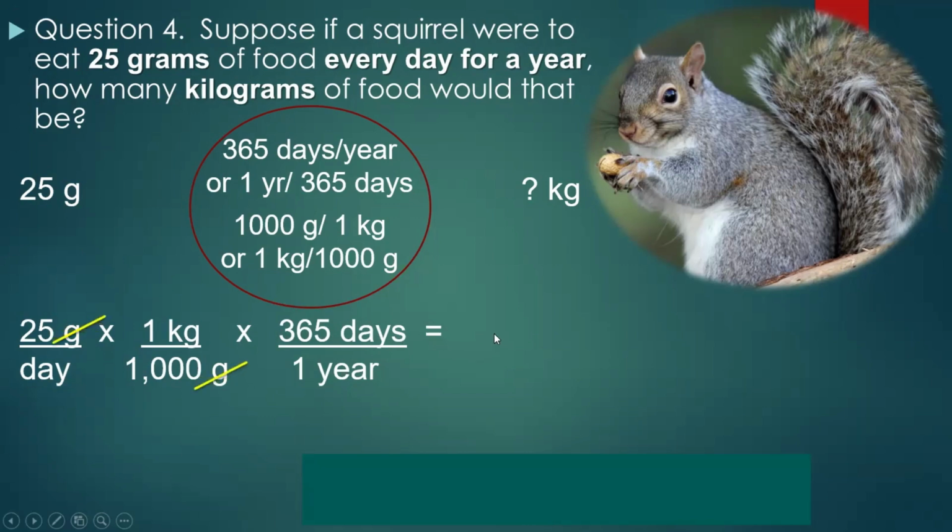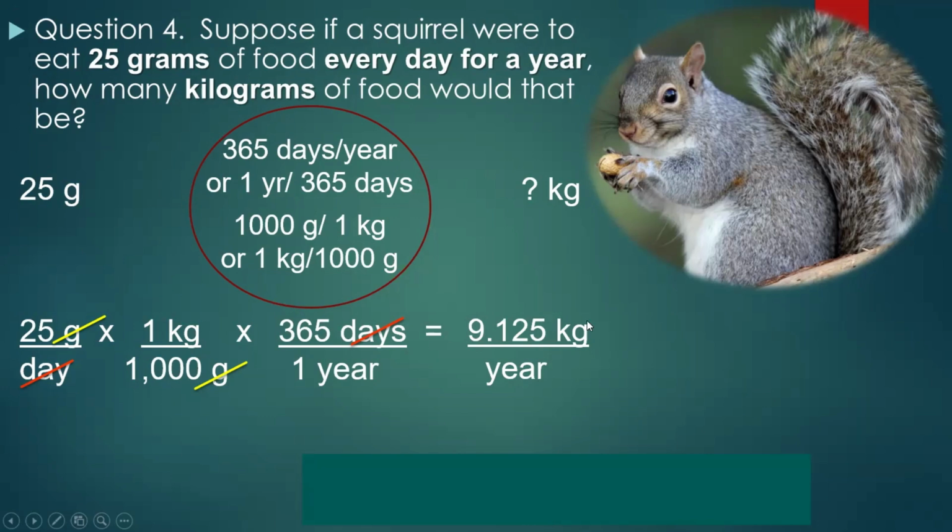So the grams and the days, and then we've got kilograms and a year left. So we need to find out how many kilograms the squirrel's going to eat in a year's time. So how many kilograms per year? So that's what we want for our answer. All right, so that's going to be 9.125 kilograms per year.